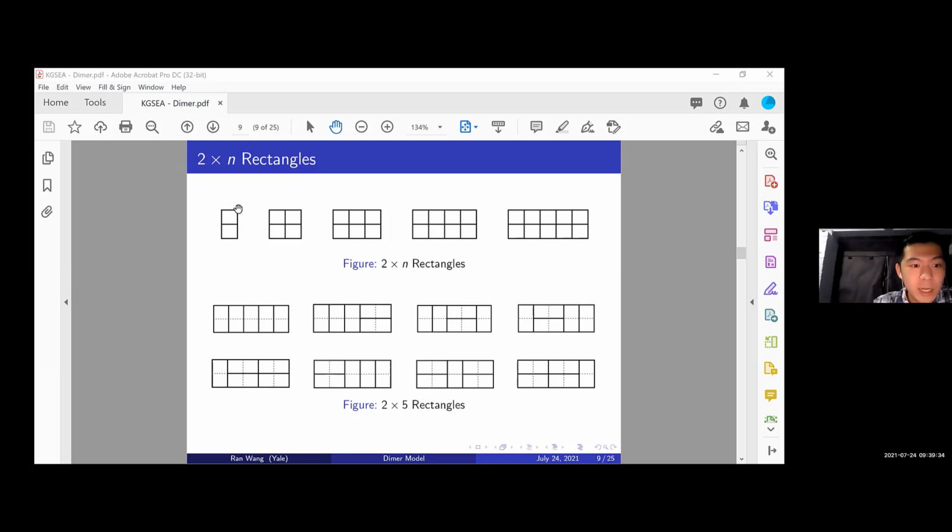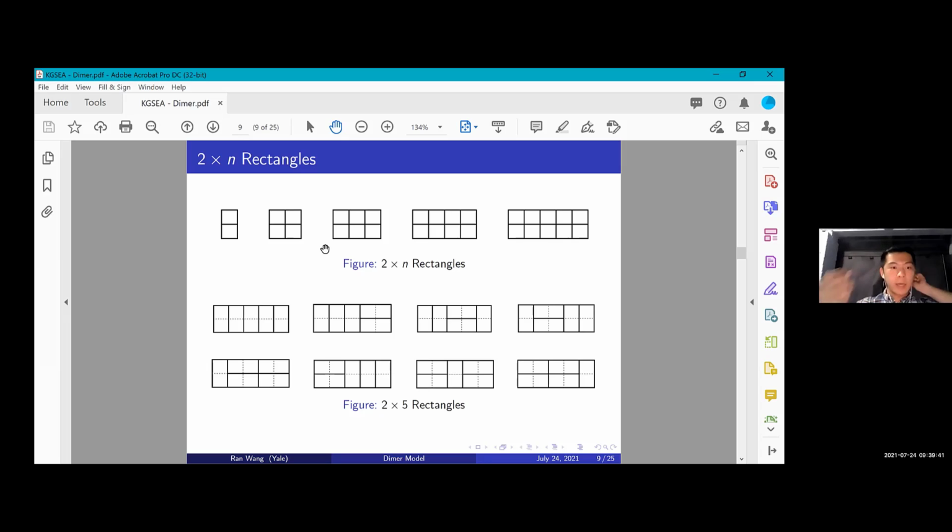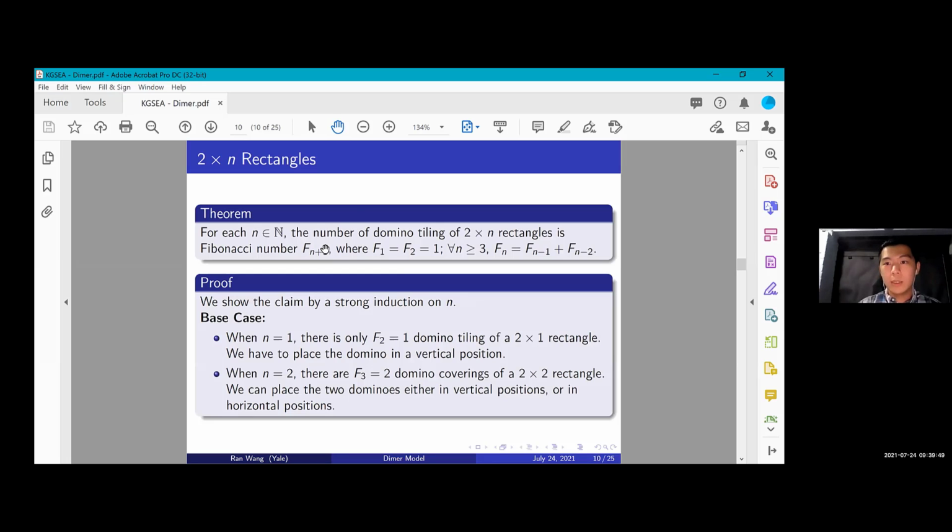Yep, Fibonacci, I saw it. That's a good guess, Joseph. Okay, then we'll have a hypothesis that it's a Fibonacci sequence. Actually, that's true.